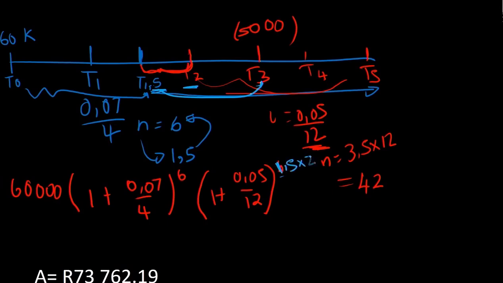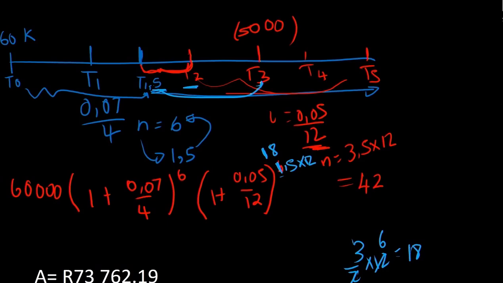So what is 1.5 times 12? This is going to be 18. So therefore, 18 compounding periods in a year and a half if your compounding is monthly.